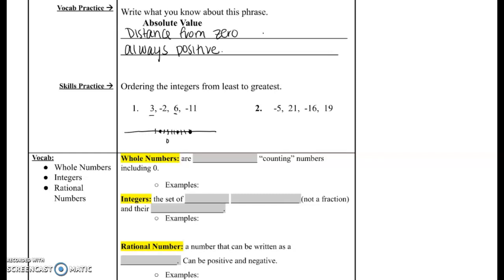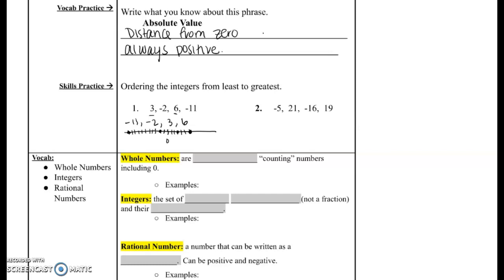So this was 2, 3, 4, 5, 6, 7, 8, 9, 10, 11. So negative 11 is furthest away from 0, so that's our smallest. Then we have negative 2, then we have 3, and then we have 6. So think of it in terms of where's 0 and how far away are the other numbers.